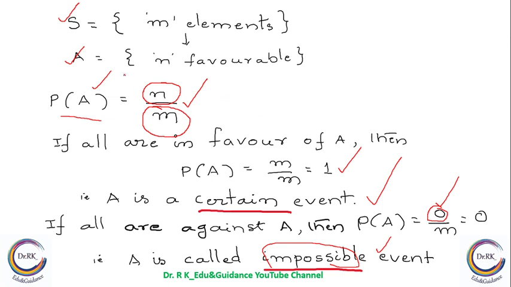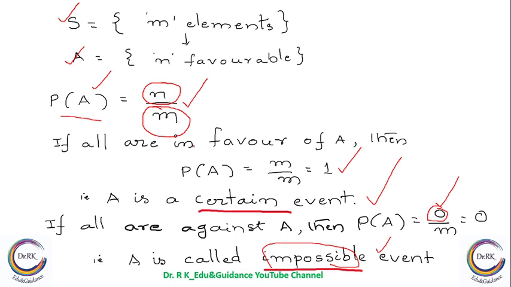Suppose A is an event of selecting a star which is red in color from the sky.